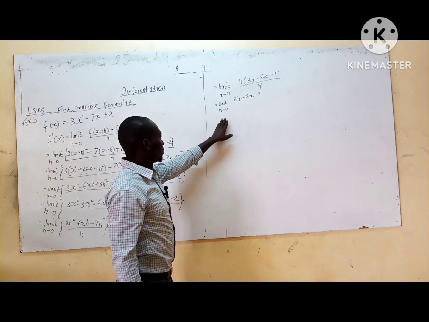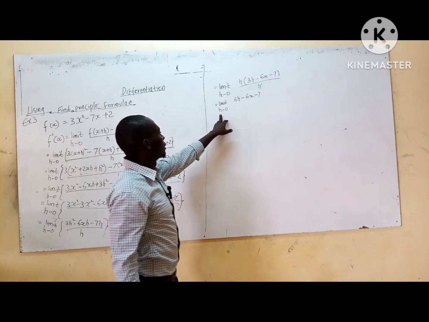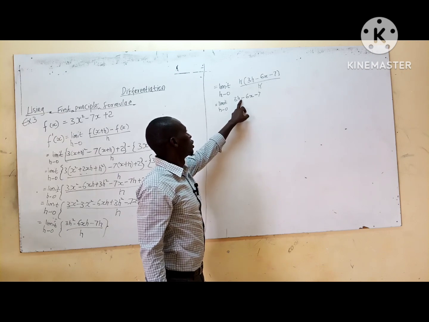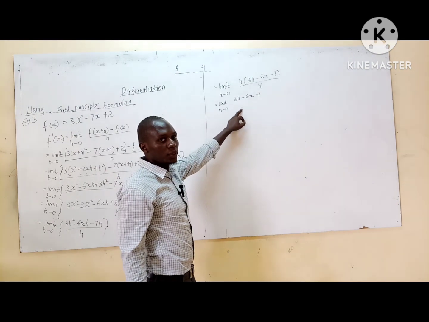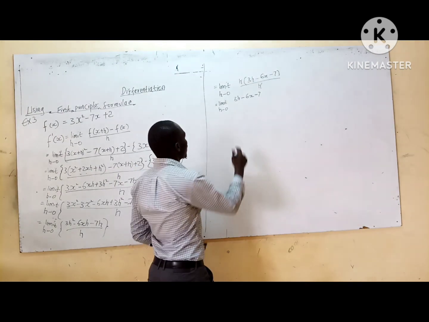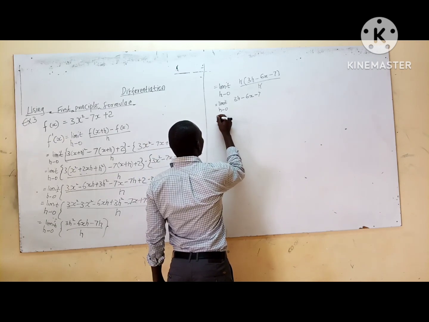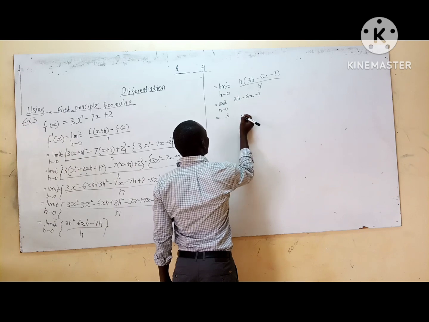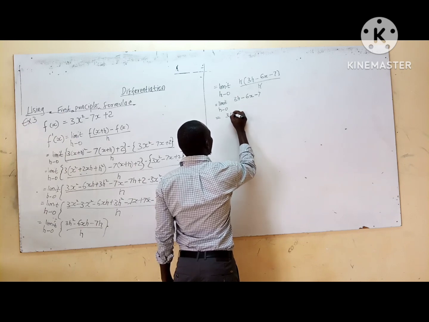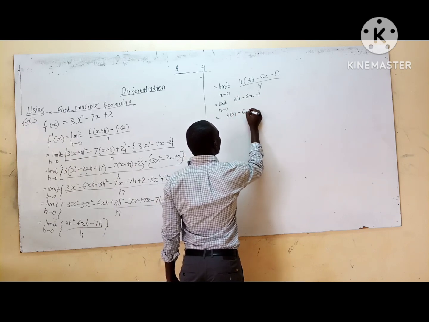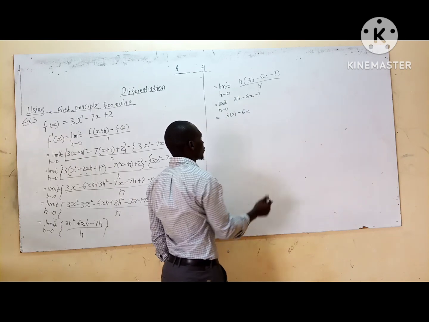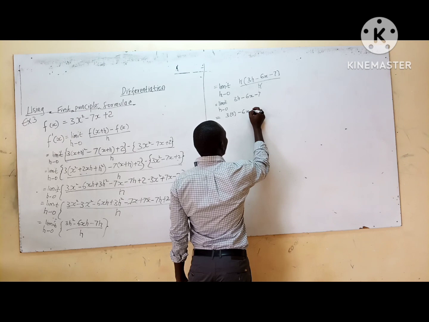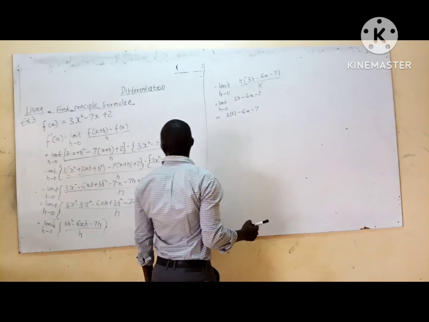At this step, we say that whenever we have h in the equation, we replace it with 0. And now we are going to have 3 into 0 minus 6x. This one doesn't have a term of h, and this one will be minus 7.